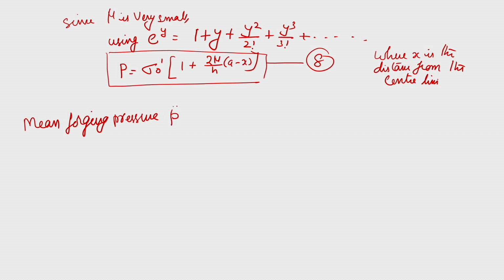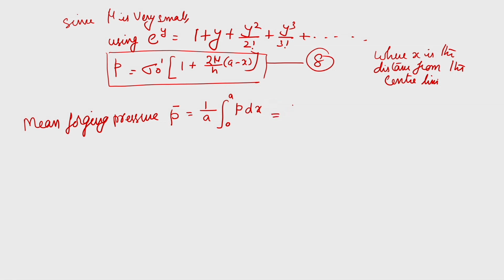forging pressure P bar. So, that will be 1 by a, because it is varying from 0 to a and we are taking only one side, integral 0 to a of small p dx.